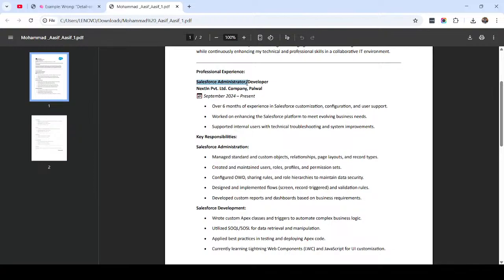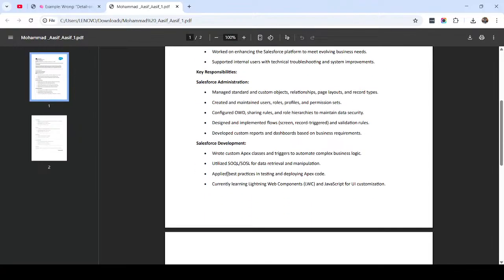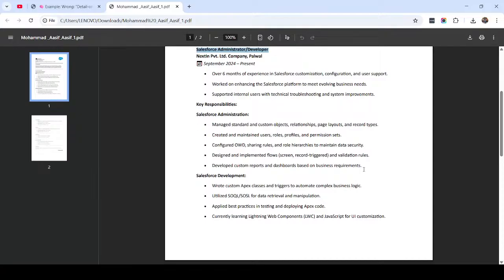If you want to go as an admin, take admin, or if you want to go as a developer, take development, and mention it in one place only. So try to change this designation along with 2024 to present. One more thing I have already told you: try to make it in metric form.